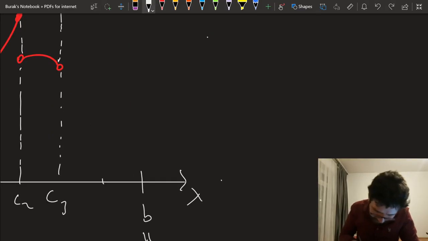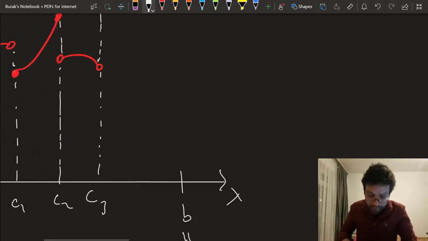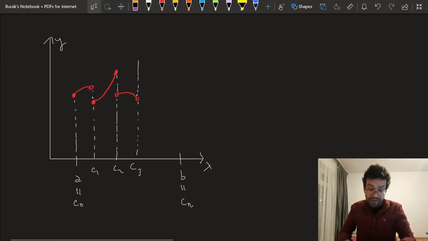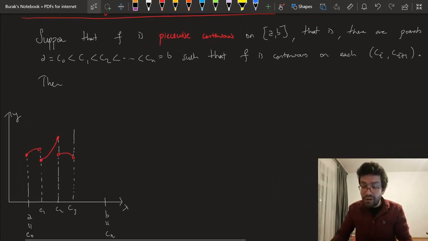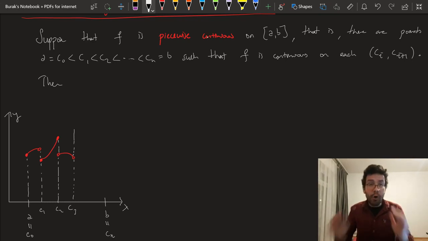I want to erase this. I am sorry. On each open interval, my function is continuous. You see, I'm not saying that my function has to be continuous on the closed interval. I want it to be continuous on the open interval, so I don't care what happens at the endpoints of these intervals.